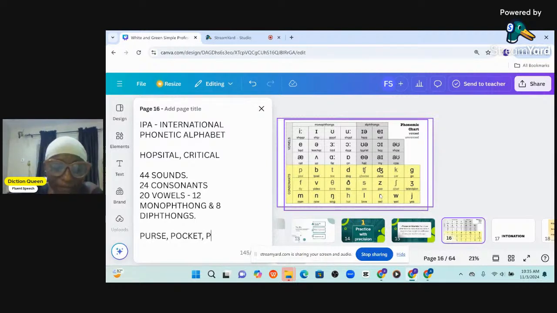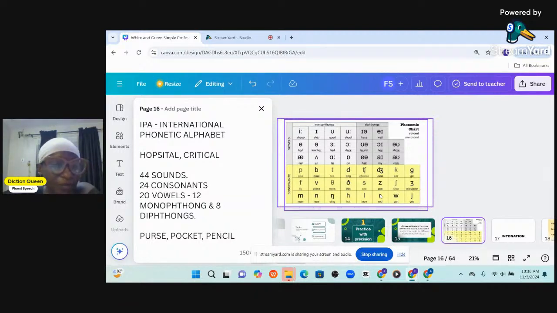We also have pencil. Watch my mouth. Pencil. Can you see my tongue at the end? When you have words that end with L, make sure the tip of your tongue touches the upper part of your mouth. Pencil.